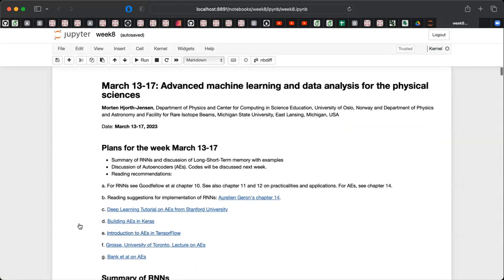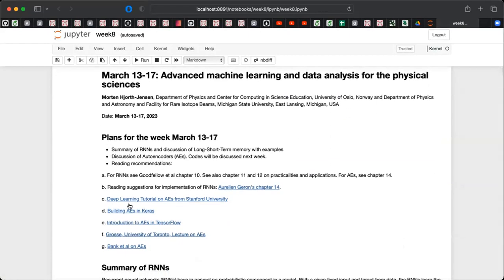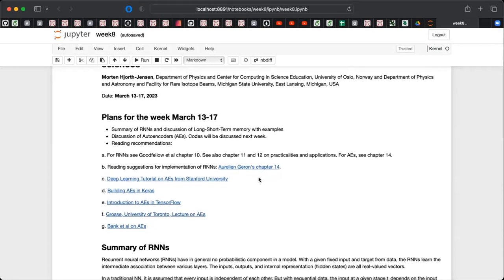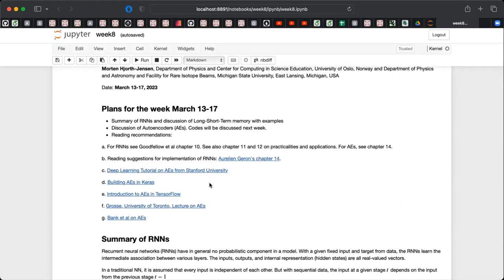The material on autoencoders is something you can find in the textbook by Goodfellow et al., and that will be chapter 14. And you find also good implementations of many of these methods in Jeroen's book. And there are links here to different tutorials on autoencoders as well, if you want to look at them.